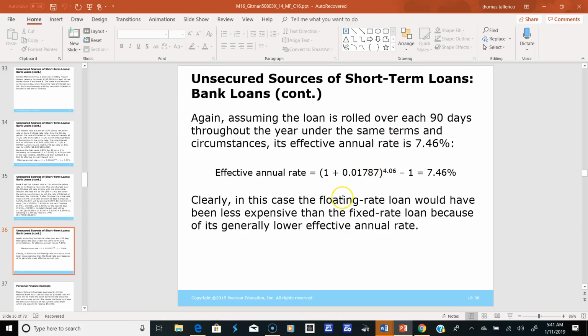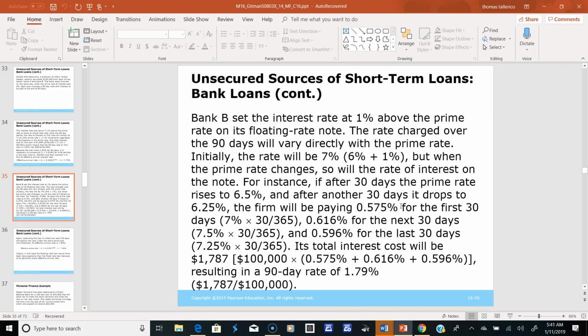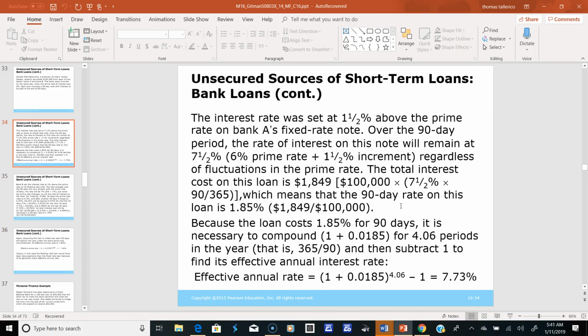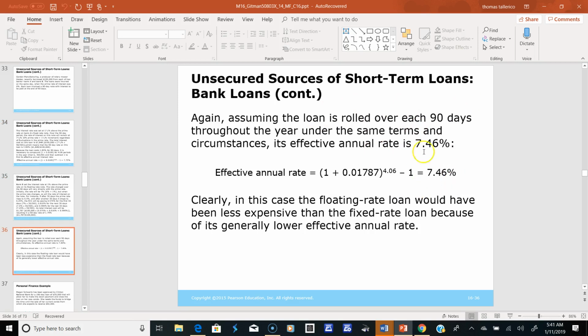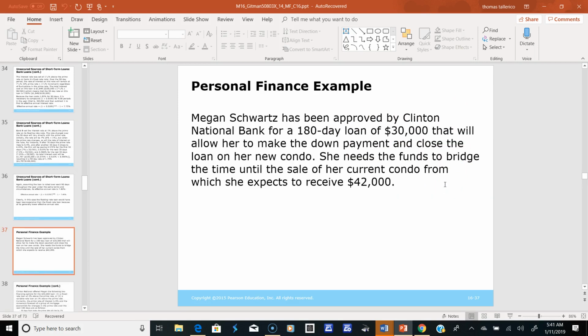So clearly, in this case, the floating rate loan would have been less expensive than the fixed rate because of its generally lower effective annual rate. Right? So this one was 7.46, and this one was 7.73, right? So this is the floating rate loan, and he took this. You should take that one because it's a low interest rate. All right, right there. They're comparing two banks.